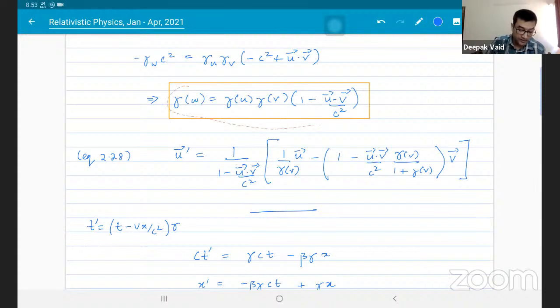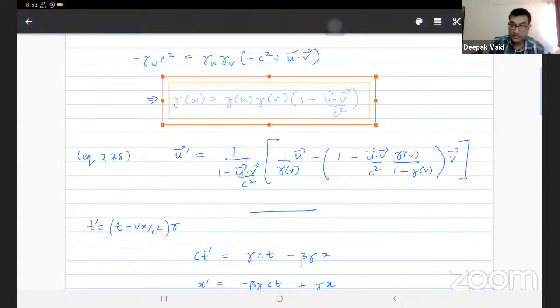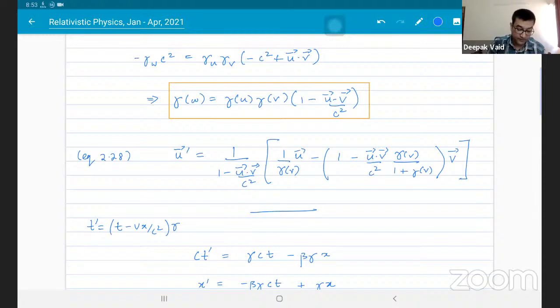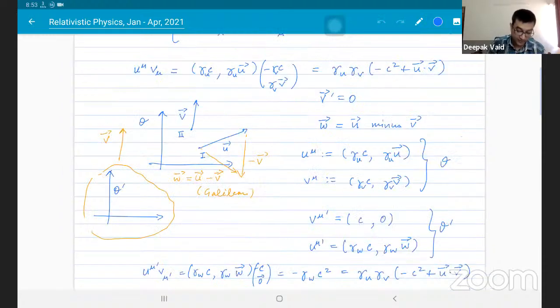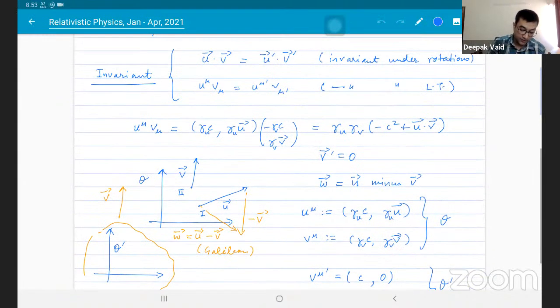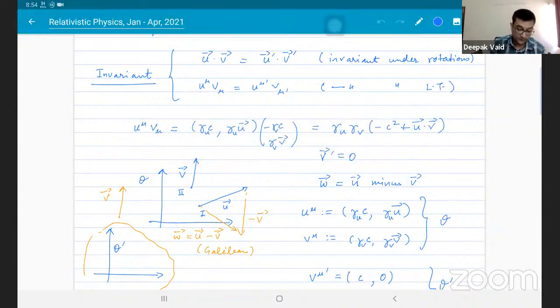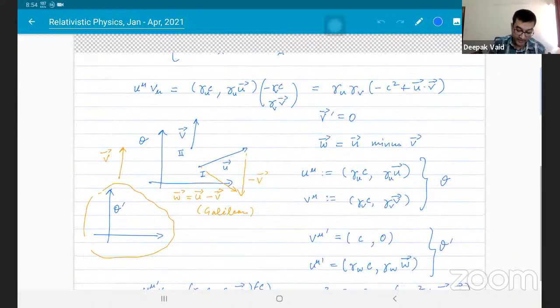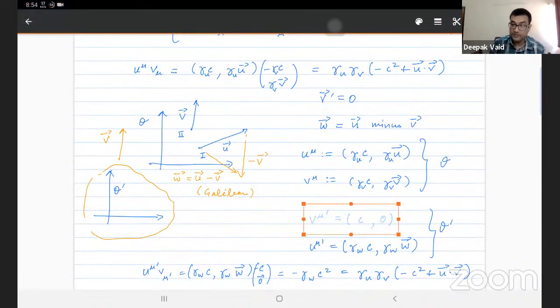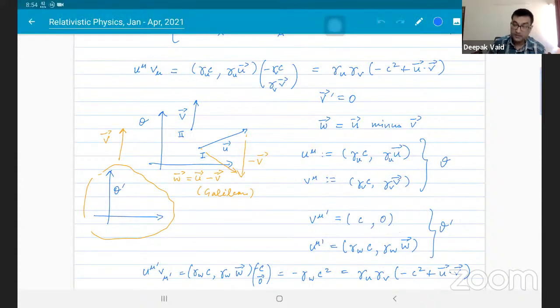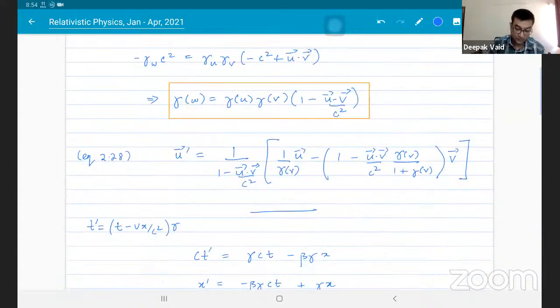So you can call it the relative Lorentz factor, and this expression can be derived by using this invariance of the inner product, and the fact that when you go to the rest frame of any particle, the forward velocity becomes just a constant, which is (1, 0) or (c, 0).